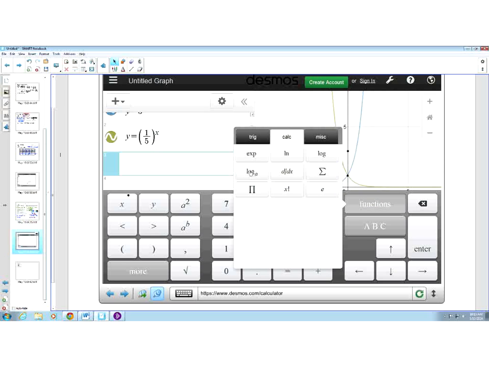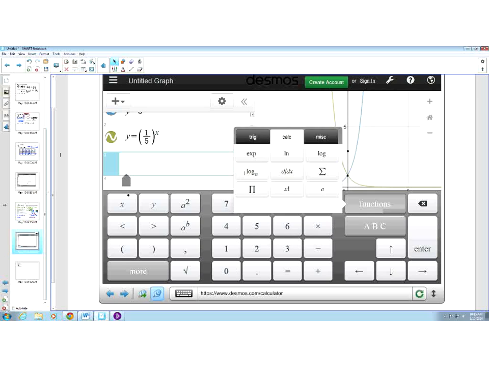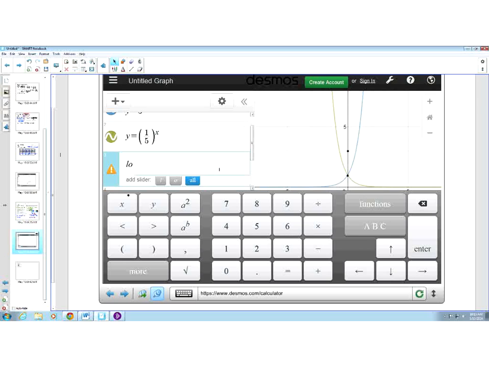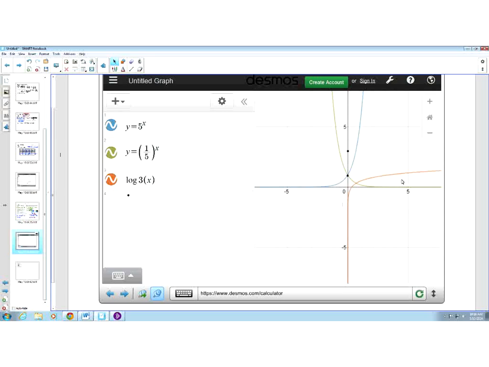Dragging doesn't work. Okay. Log. Let's see. Log is 3 of x. All right. Yeah, so I guess that's how you would represent that. So here we have log base 3 of x.